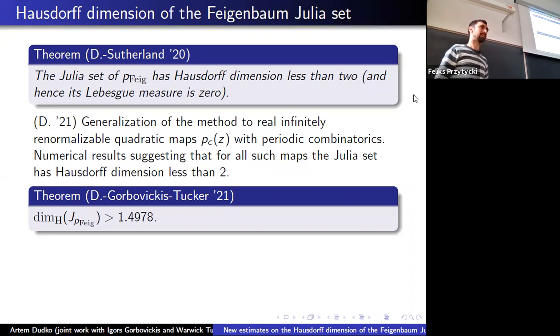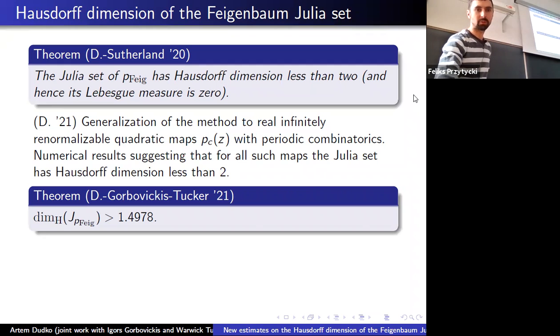So there is a certain scheme to which we apply the numerics, and I generalize the scheme for other maps, for the class of real quadratic maps with periodic combinatorics. Show that the same estimate holds, but I was not able to make rigorous computations. I made some computer estimates which suggest that it looks like they all have dimension less than 2, but I don't have a proof, a computer assisted proof of that fact.